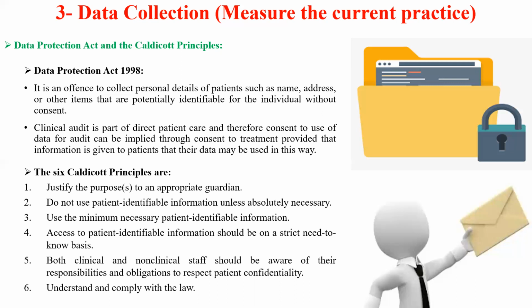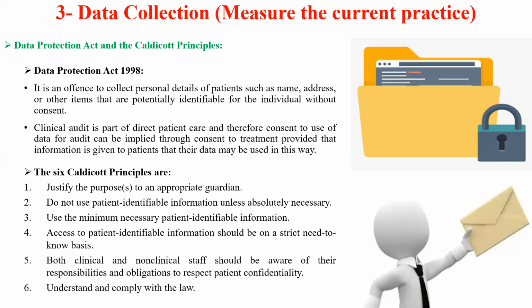Now, the second part, which is the Caldecott principles. What are the 6 Caldecott principles? If you need to access the patient notes, you have to justify your purpose to an appropriate guardian. And you will not use any identifiable information unless it is absolutely necessary. When you use the data, use the minimum necessary patient identifiable information. Access to the identifiable information should be on the basis of a strict need to know.